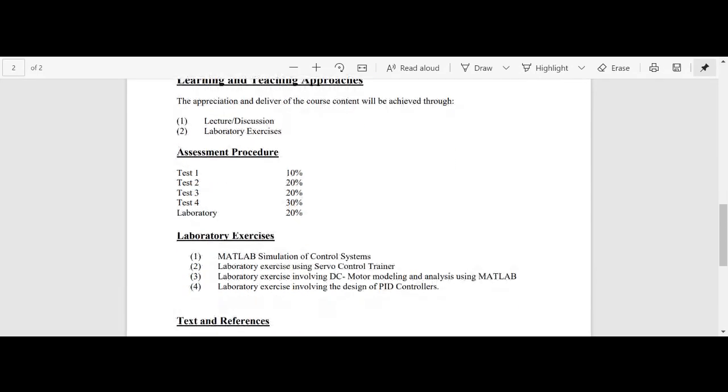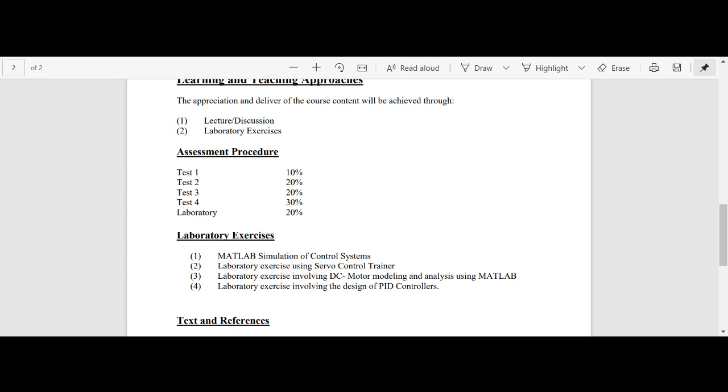Assessment. There will be 4 tests, so there's no final exam. You'll see a breakdown for each of the assessment pieces: 10% in the first instance, 20% in the second and third instance, and the final test is 30%.